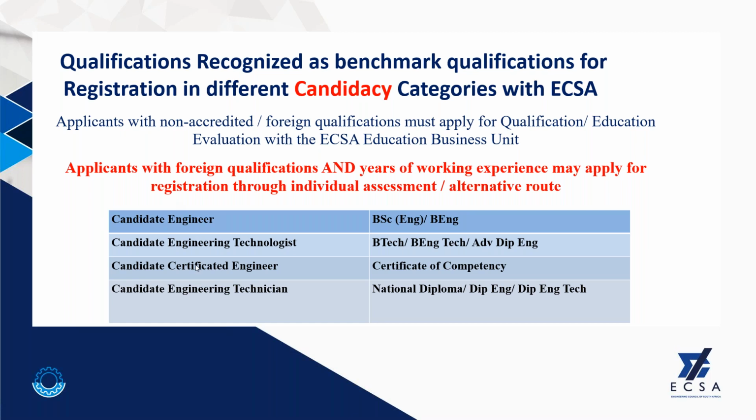ECSA has introduced the certificated engineer, so a candidate certificated engineer is someone who has a certificate of competency as the base qualification. For the candidate engineering technician, you just need to have a national diploma. You will be able to apply, go through the process and become registered as a candidate.